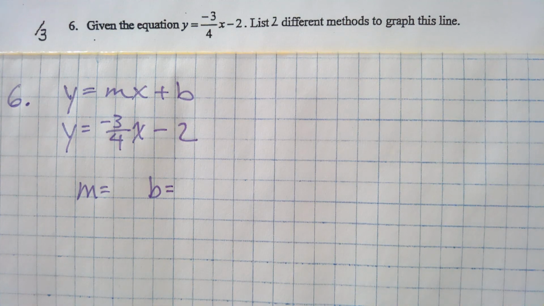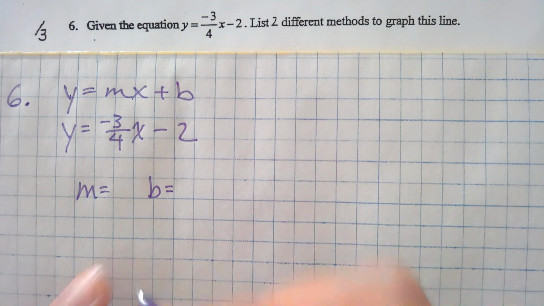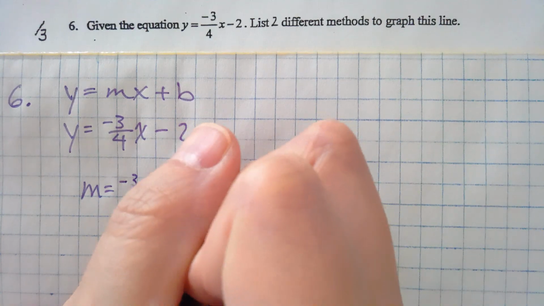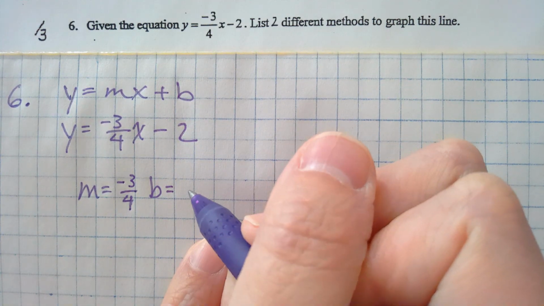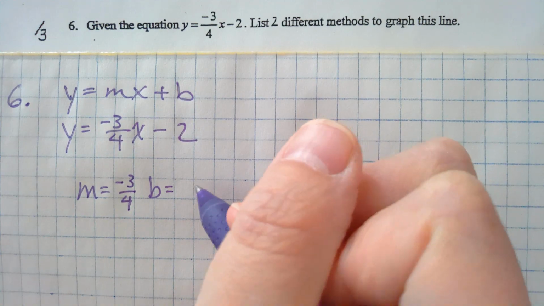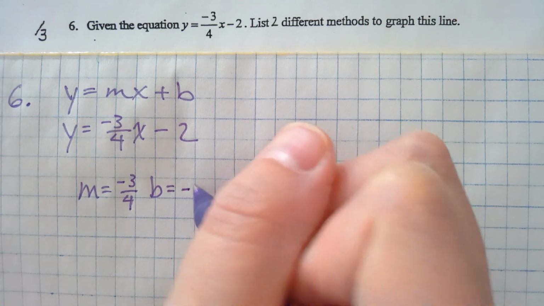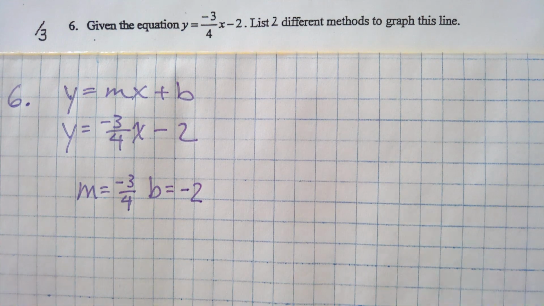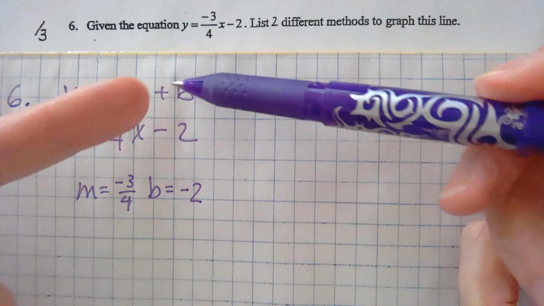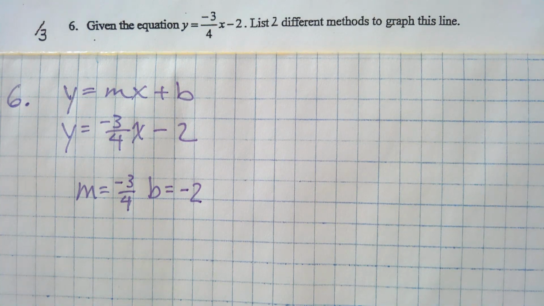And I'm recording this. All right, so Leandro. Perfect. And my b? Okay. Yes, Rashawn. Negative 2. Good. So we're just matching the format with the numbers.